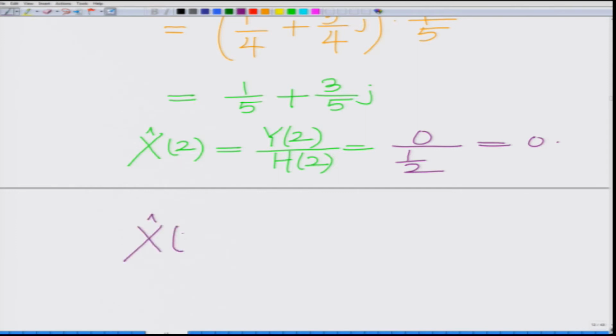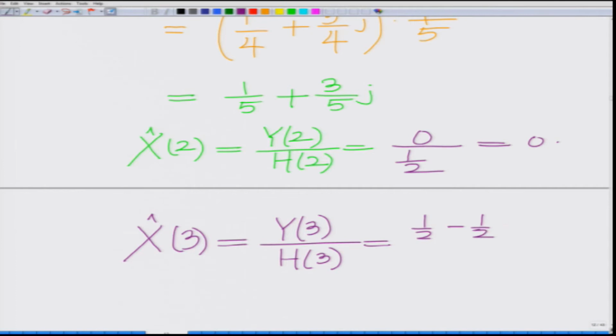Finally, capital X hat of 3, the estimate of the third FFT coefficient of the transmitted symbols, is capital Y 3 divided by capital H 3, which is half minus half j divided by 1 plus half j.